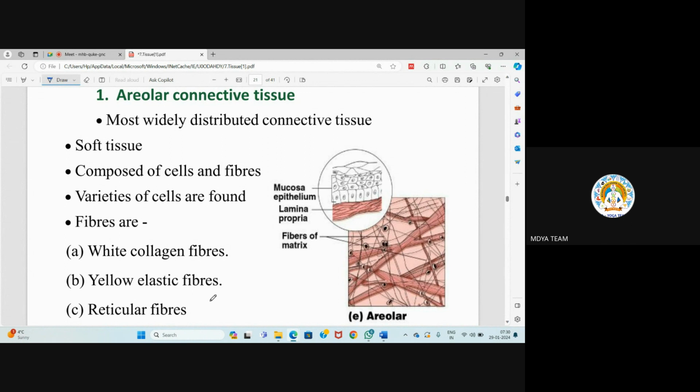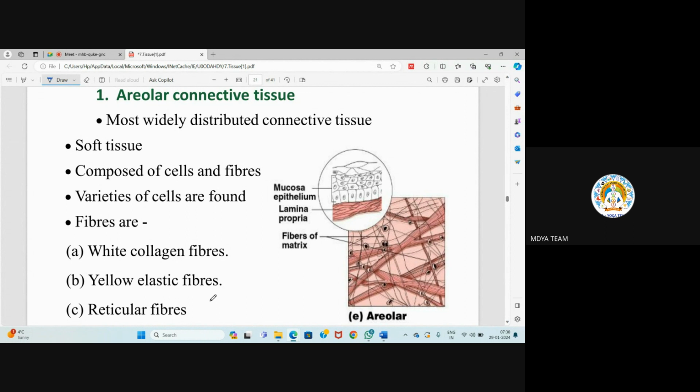Plant-based fibers are different than animal-based fibers. What we have in our body are animal-based fibers, and what we consume as food are plant-based fibers.